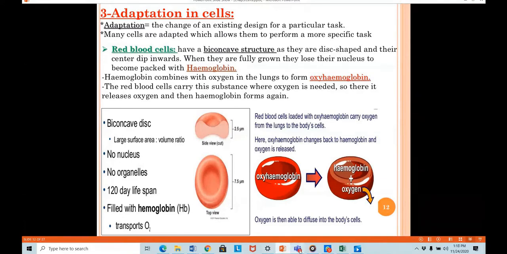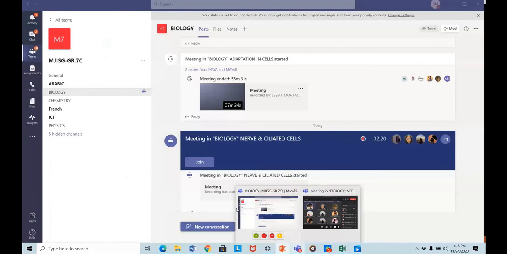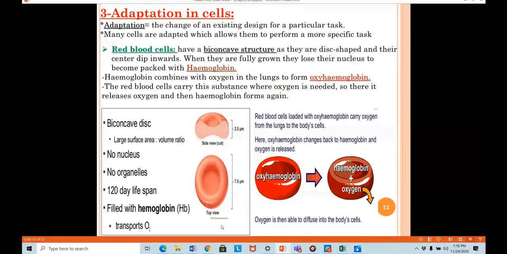A biconcave disc. RBC is the red blood cells, and it has a binuclear structure. They are disc shaped. Yes. And what is the center dip inwards?